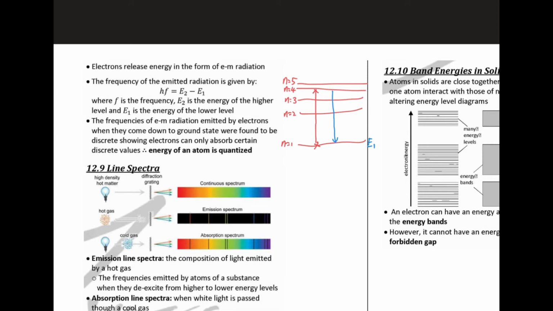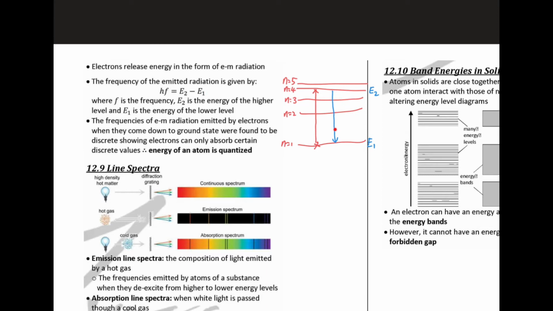You need to know the amount of energy when they are at this level. After that, you need to know also the amount of energy it has when it comes to this level. So that is E2. When you do E2 minus E1, basically you are finding the energy difference, and in other words, the energy difference is the amount of energy it releases.